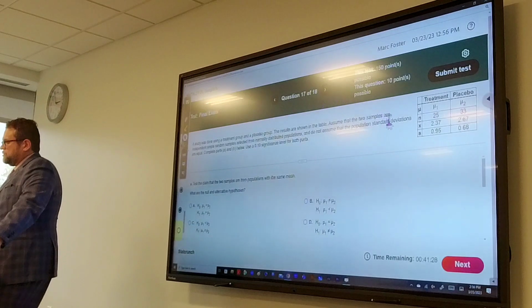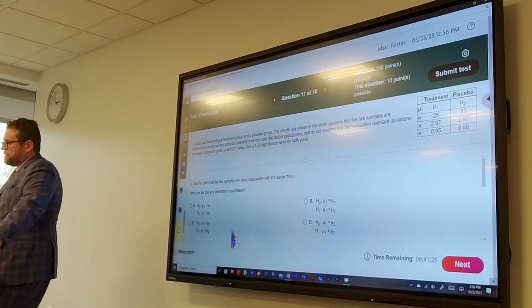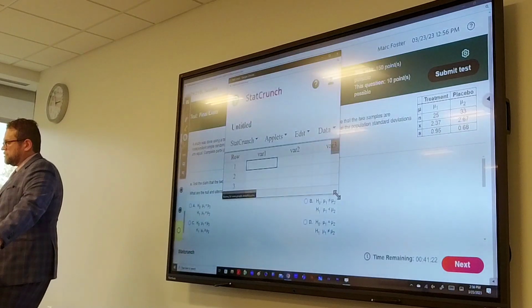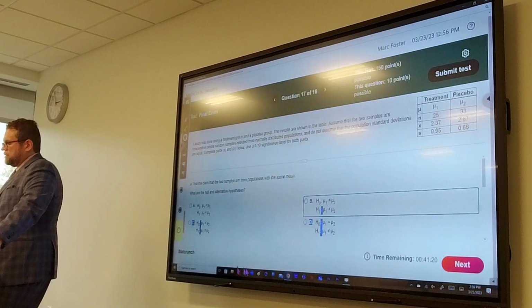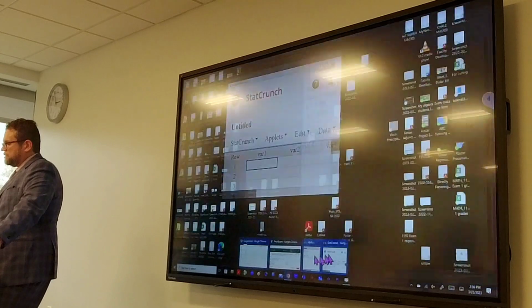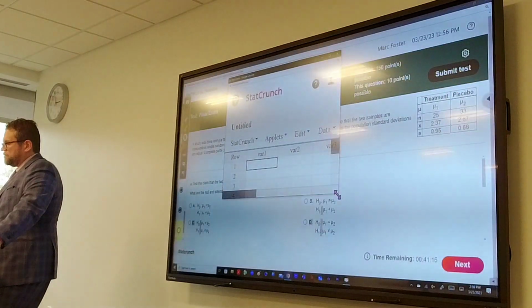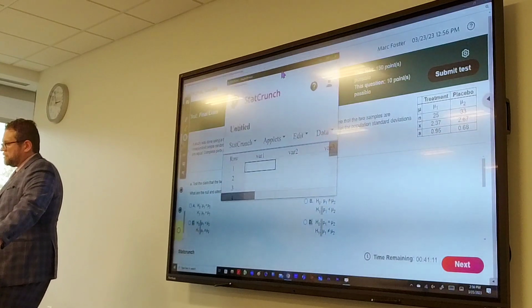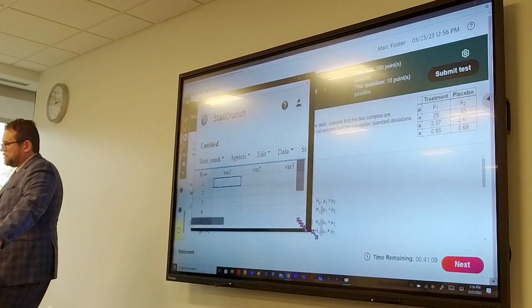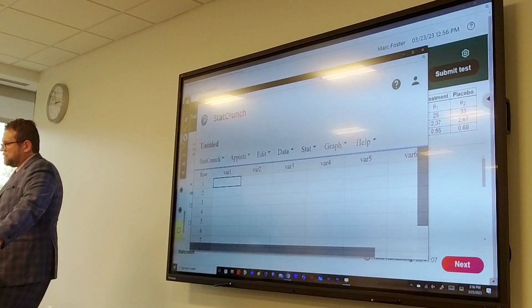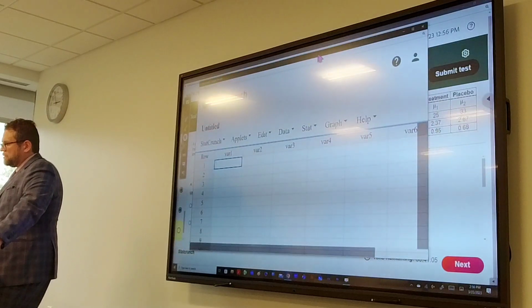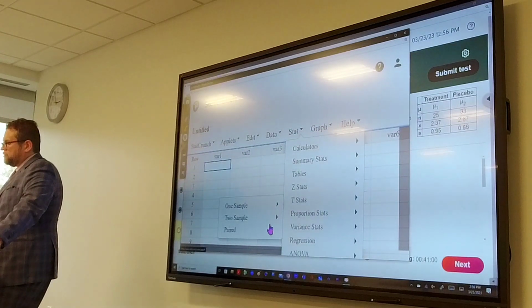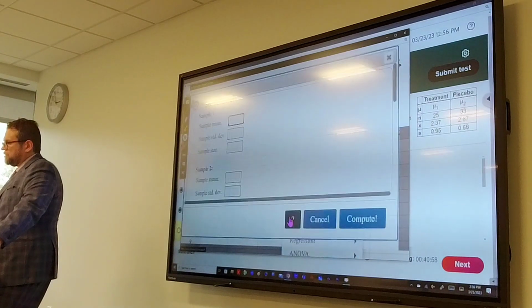All right, difference of two means. Treatment group and placebo group. Okay. Why does that keep happening? T-stats, 2 sample with summary.